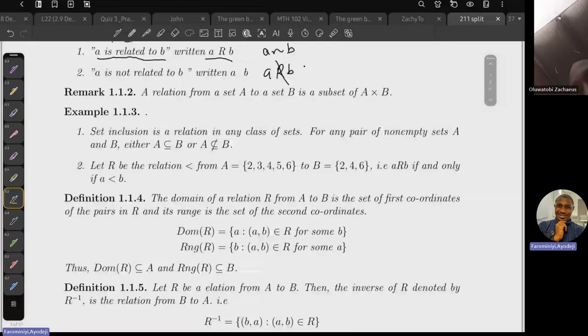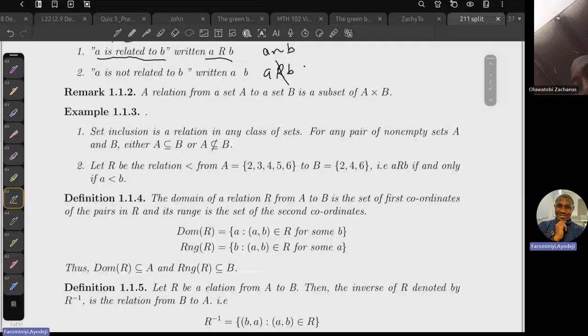Very good. So A and B could be related if A is a subset of B or B is a superset of A. Then we could also talk about the parity of integers, we'll talk about the natural order in integers.